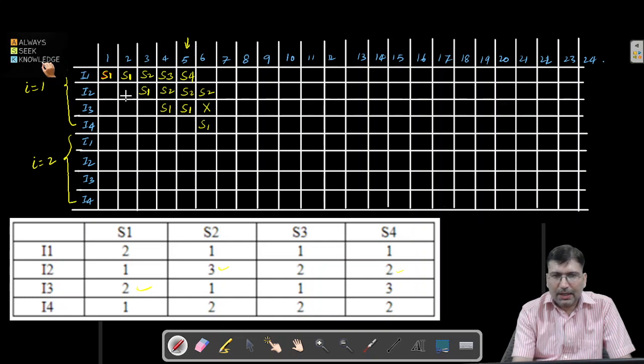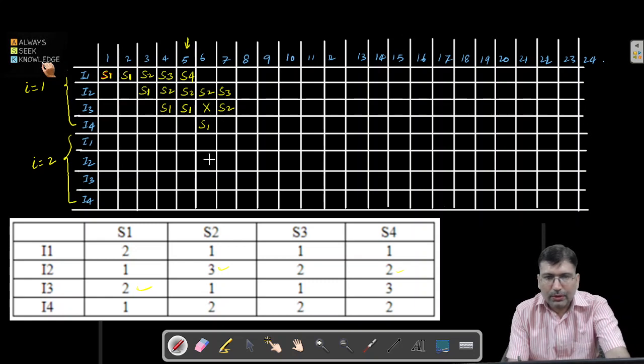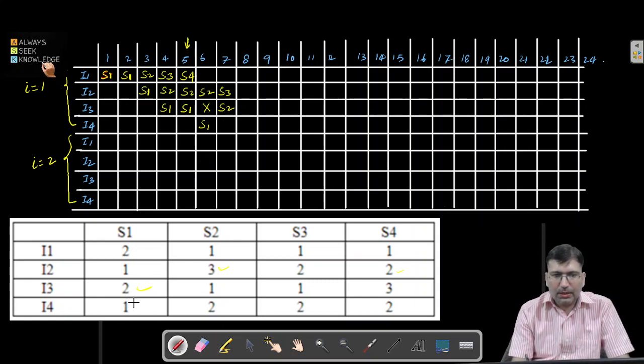After 3 cycles, I2 will be shifted to stage 3. Once it is shifted to stage 3, I3 will be shifted to stage 2. And I4, although it requests only one cycle in stage 1, cannot be shifted ahead because stage 2 is busy.